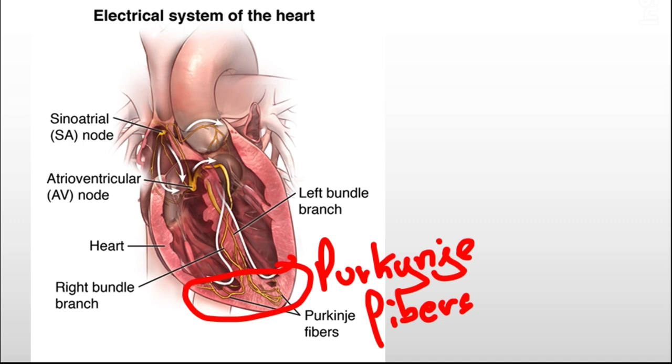This helps to direct the impulse into both lower ventricles. It carries these action potentials down into both lower ventricles, where they reach the Purkinje fibers. They're kind of like a transport system.